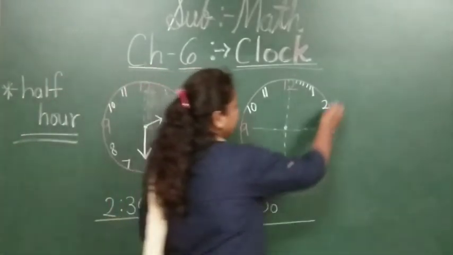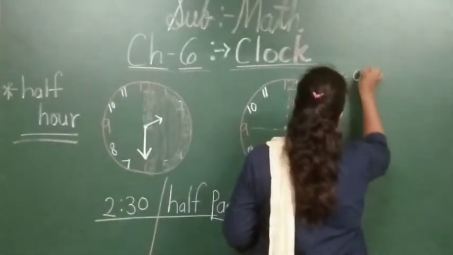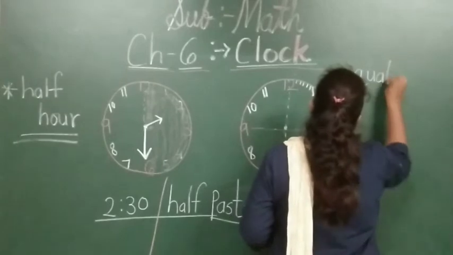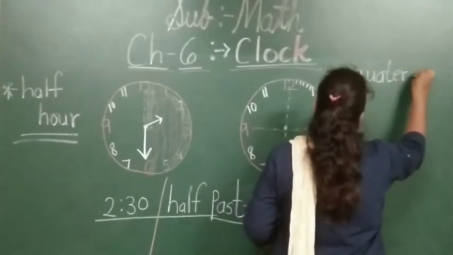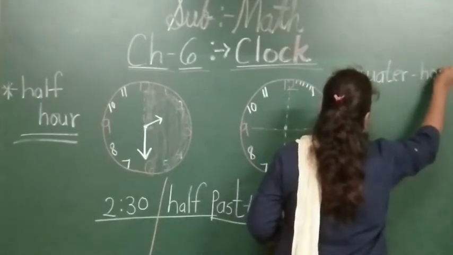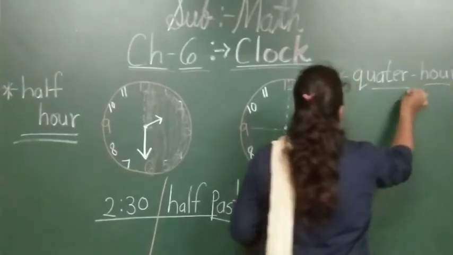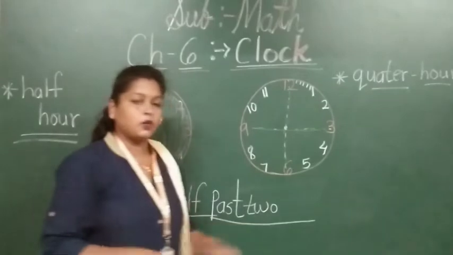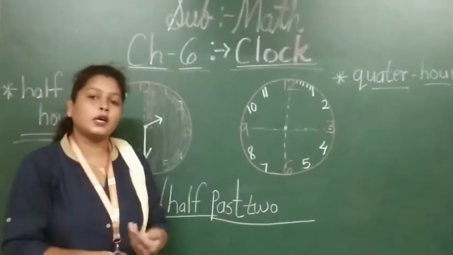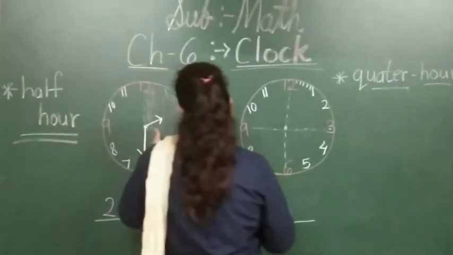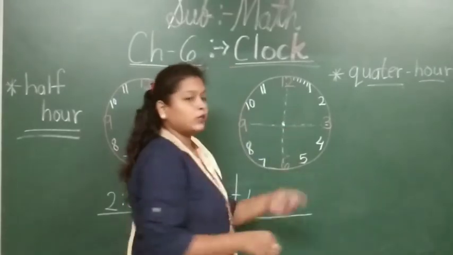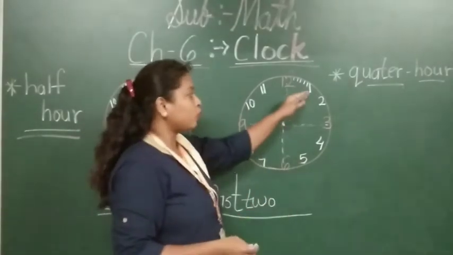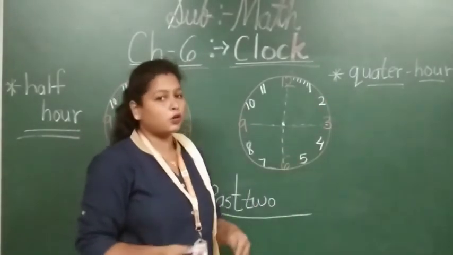Now as I said, we are going to learn quarter time. Quarter hour. Okay. So what we will do, as I said, जब आप complete करोगे, like quarter time past होता है. So जैसे कि 2 o'clock, as I said, right? So quarter past करना है, तो what will happen कि आपको quarter part दिखाना है after 2 o'clock. Okay.